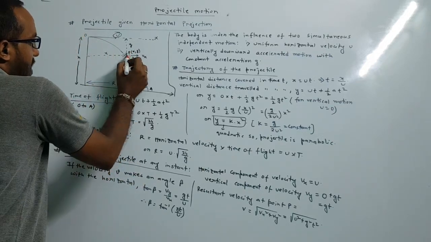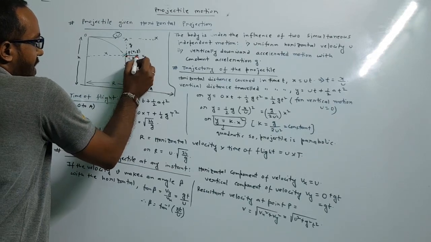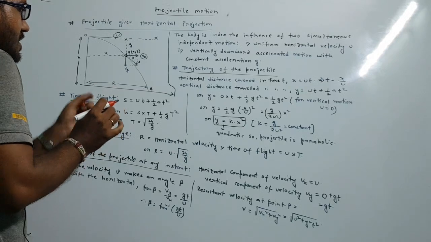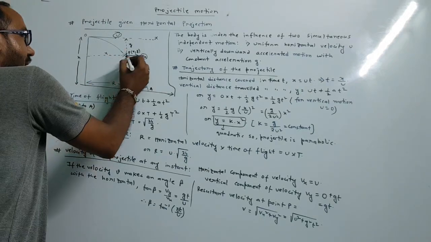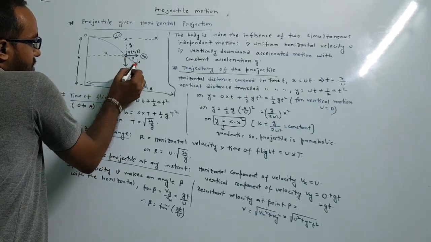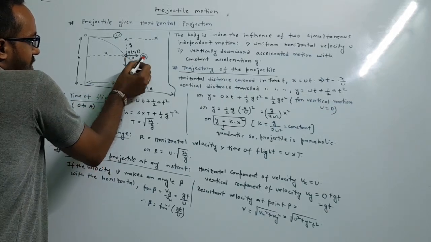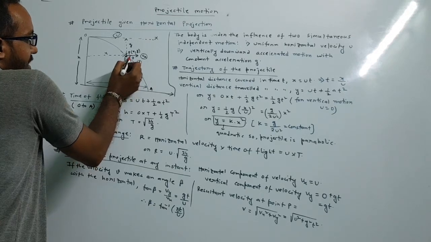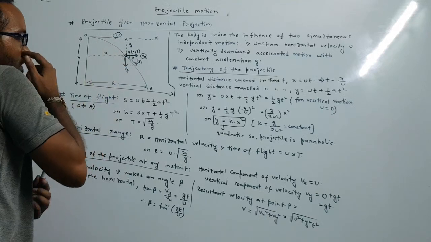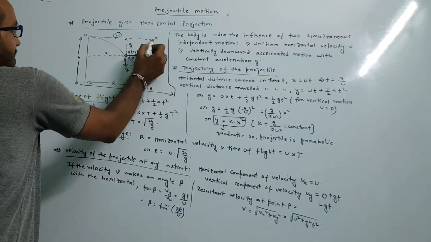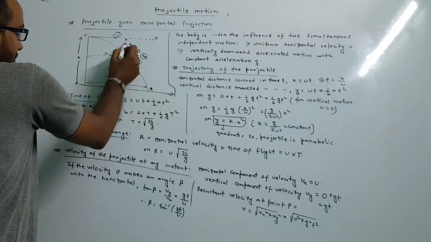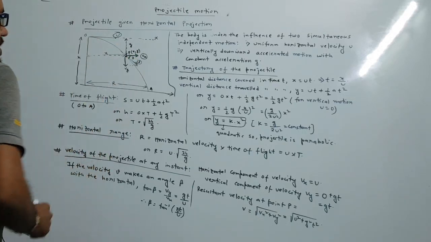In P point, the horizontal component of the velocity is Vx, and the vertical velocity is Vy. Let us say this resultant velocity V of Vx and Vy makes angle beta with the horizontal velocity Vx. This is our overall picture, and we have taken this as x axis and this is your y axis in the negative side. So that is x and that height is y, x comma y.